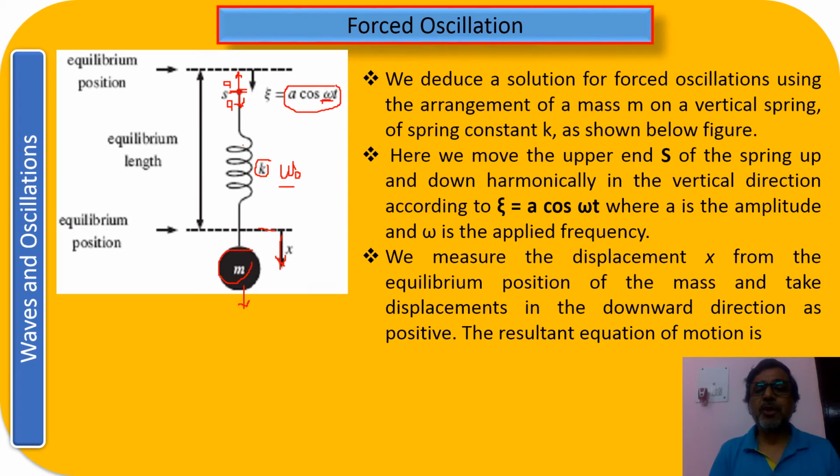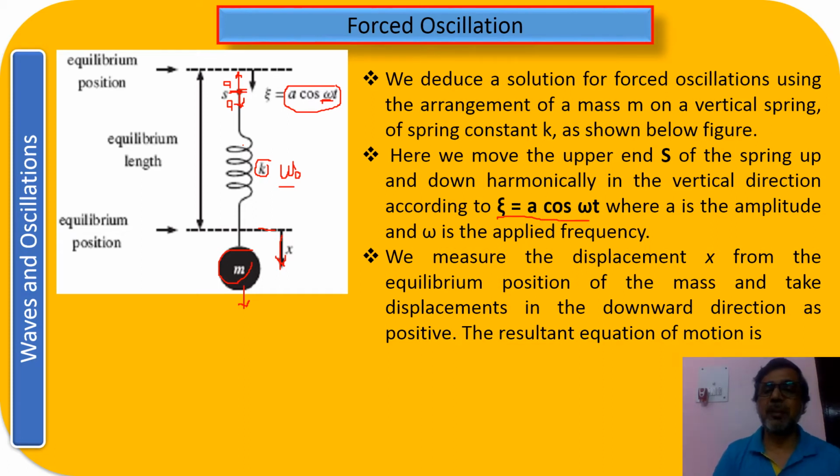So what we say, we deduce a solution for the forced oscillation using the arrangement of the mass on a vertical spring with the spring constant K as shown in the diagram. Here we move the upper end S of the spring up and down harmonically in a vertical direction, and that harmonic oscillation that we are going to give is A cos omega t. Here we have not considered the phase.